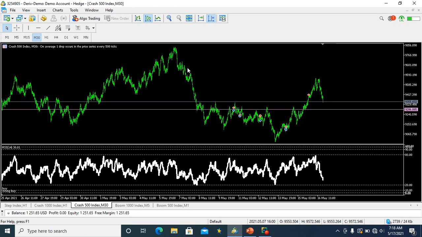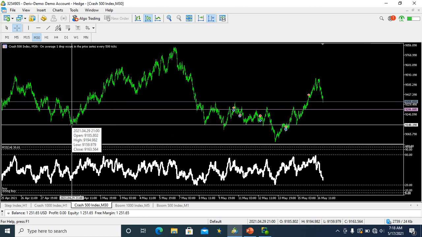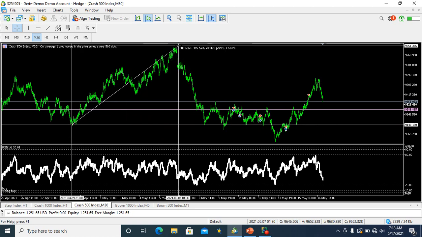When you are trending up, the market is actually choppy, so it takes more time. Let's see how many candles it took from here to here. You can see it took 342 bars to get to that point.